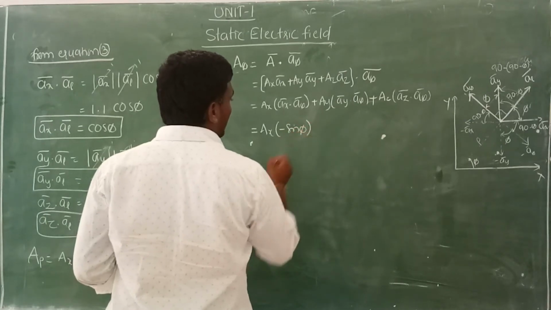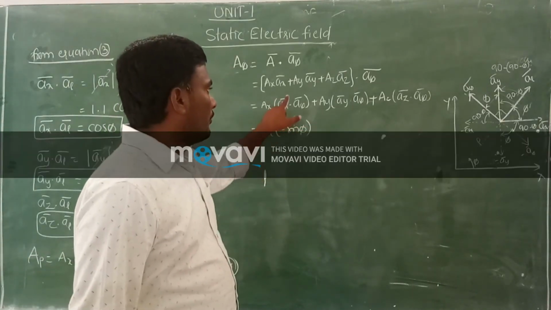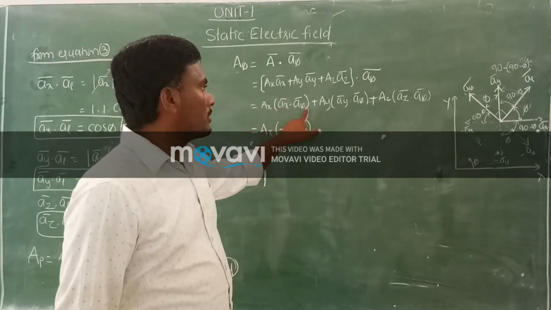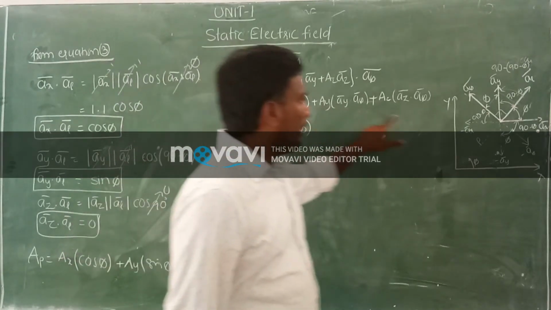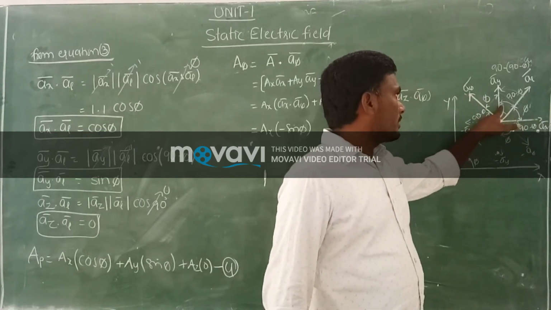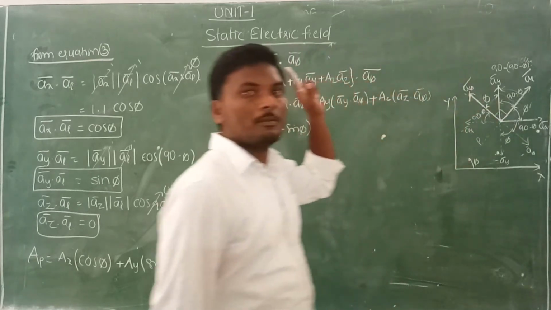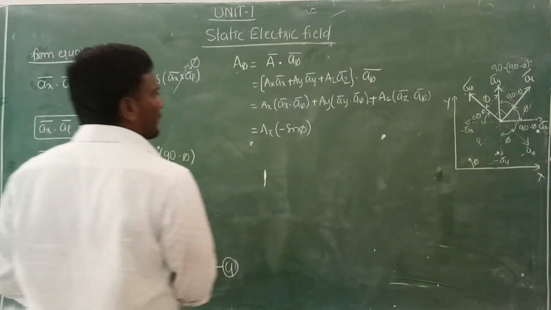I am writing directly here, please try to understand. The angle between a_x and a_phi: a_x is here, a_y is here, up to it is 90 degrees, and the remaining angle is phi. So 90 plus phi, and cos of 90 plus phi is minus sin phi.